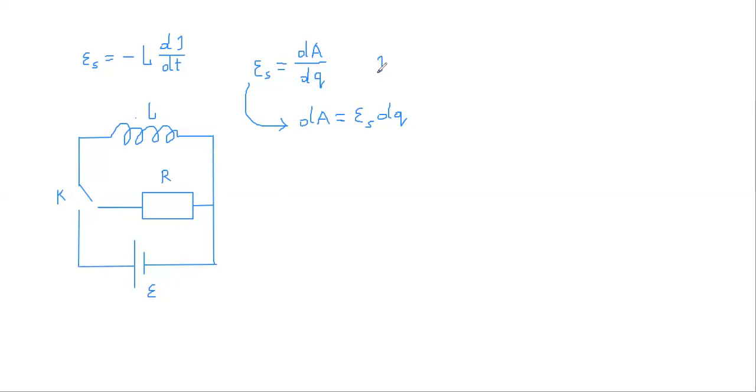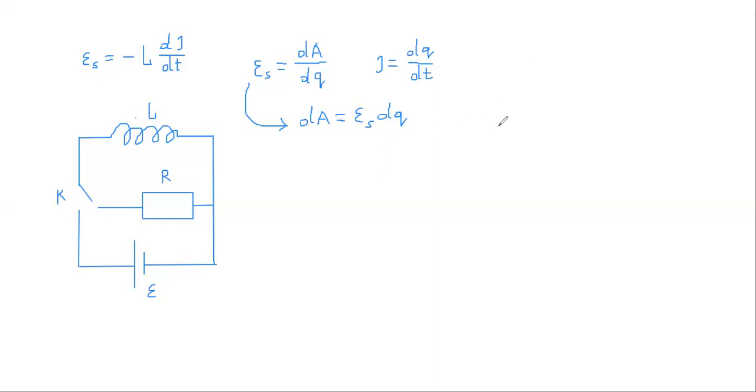And we can remember from the definition that electric current is equal to the first derivative of electric charge by time.